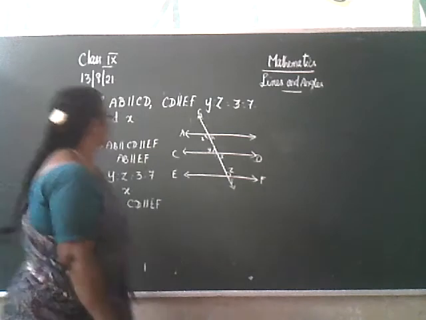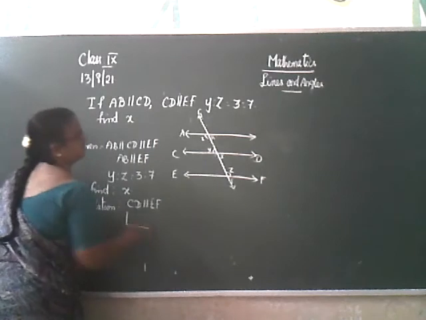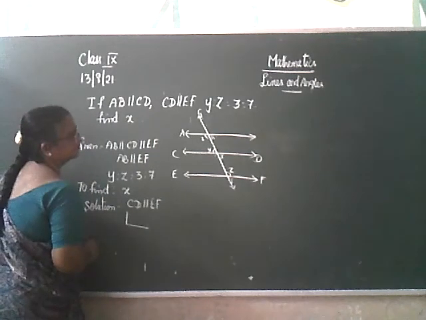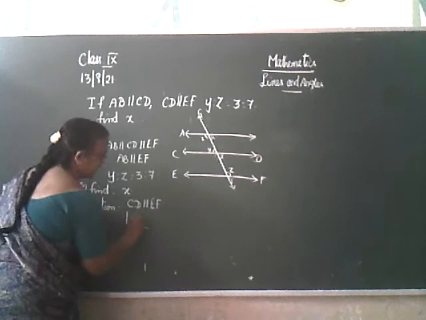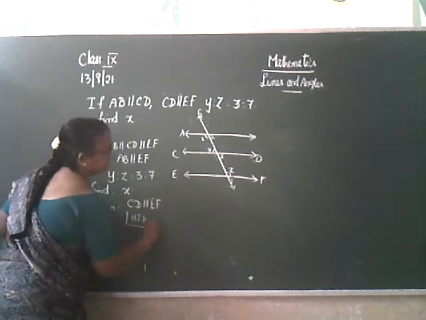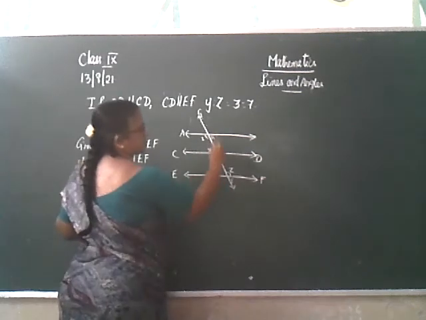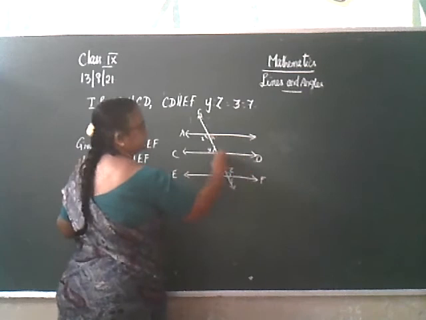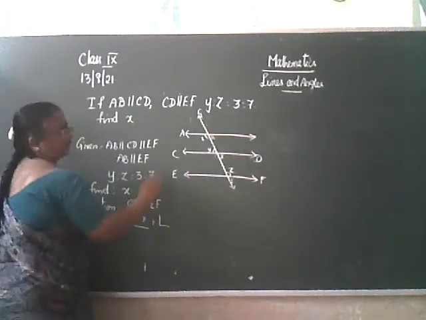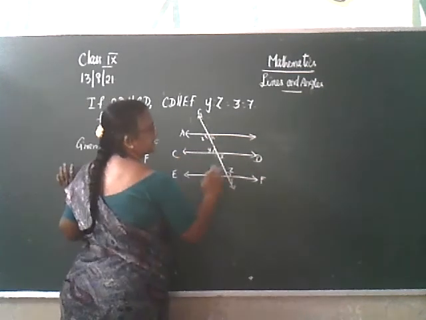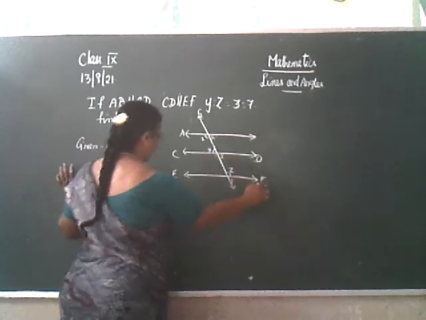Isn't it? So I can write HID is equal to IJF.